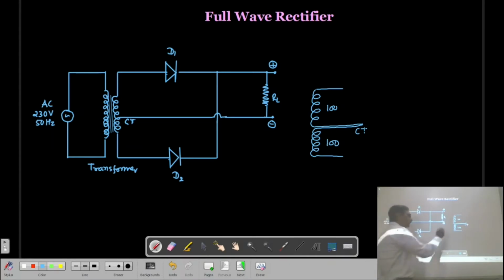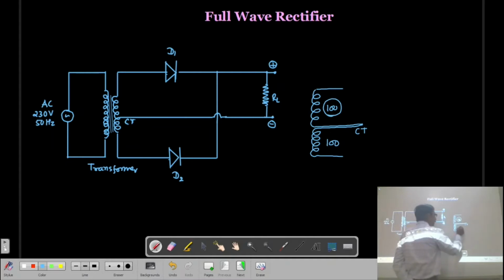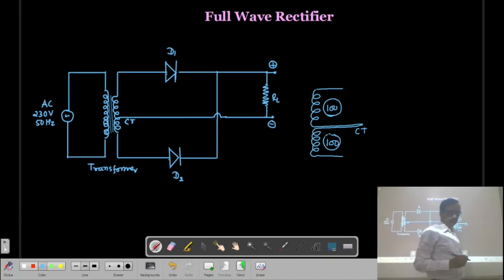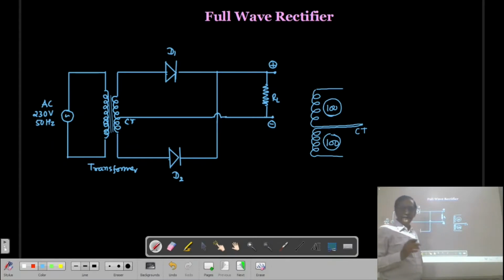Here the number of turns in the upper part and the lower part are the same. So whatever voltage is induced in the upper part of the transformer will be the same as the voltage induced in the lower part. So the magnitude will be the same. But remember, there will be a phase difference of 180 degrees.